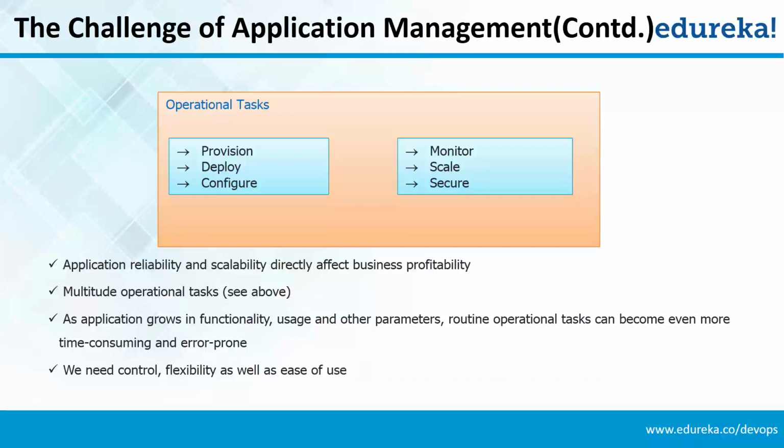For people who have followed the Edureka Jenkins course, you will know that creating an application is pretty straightforward. How do I make sure that this application is deployed to, say, 50 servers? How do I make sure that it is working correctly on all 50 servers? How do I make sure that it is configured correctly on all these 50 servers?